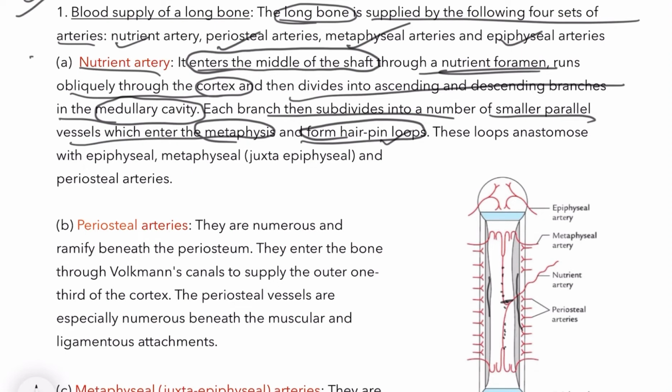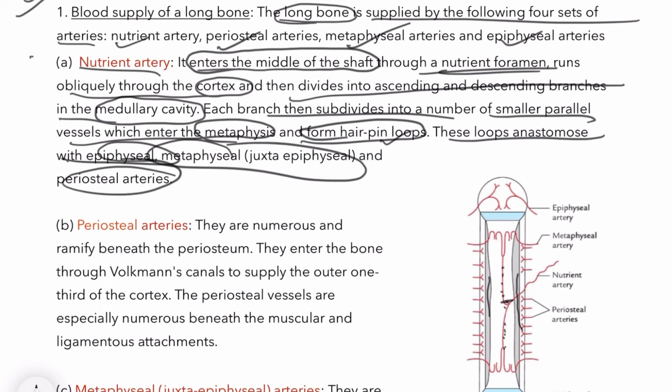We have seen this in the growing part of a long bone, hairpin loops. And these loops anastomose with epiphyseal, metaphyseal, juxta-epiphyseal and periosteal arteries. So from the center the artery starts and further you can see it divides into these various parts.